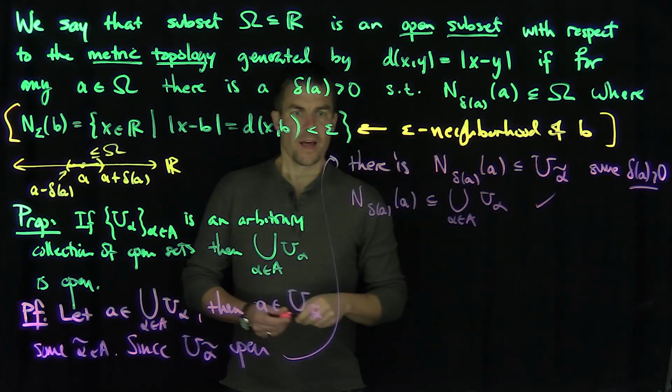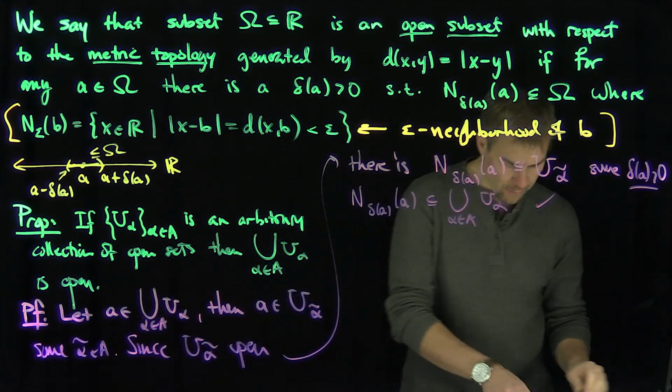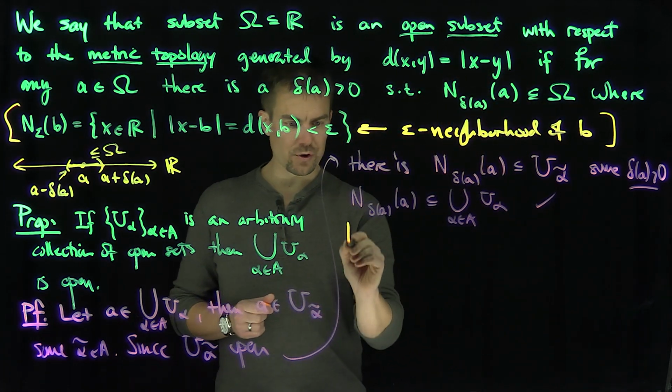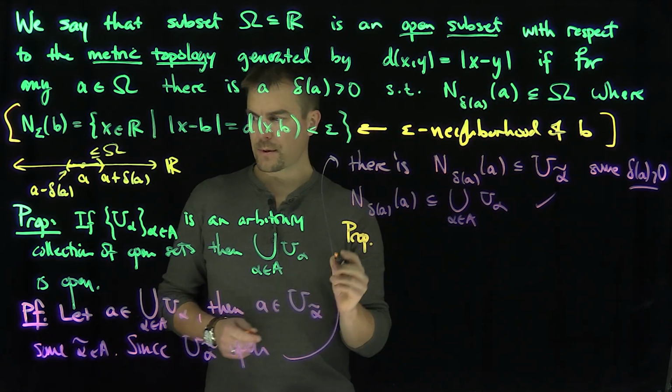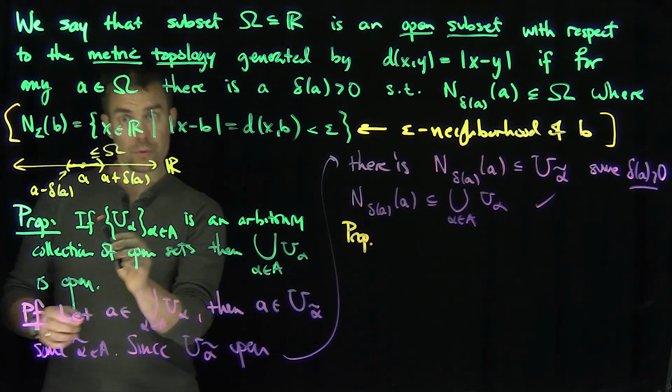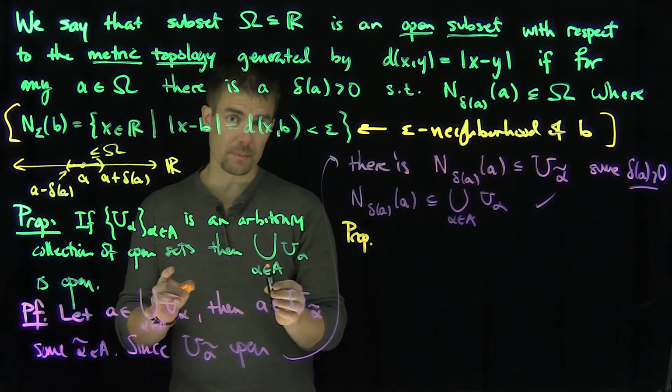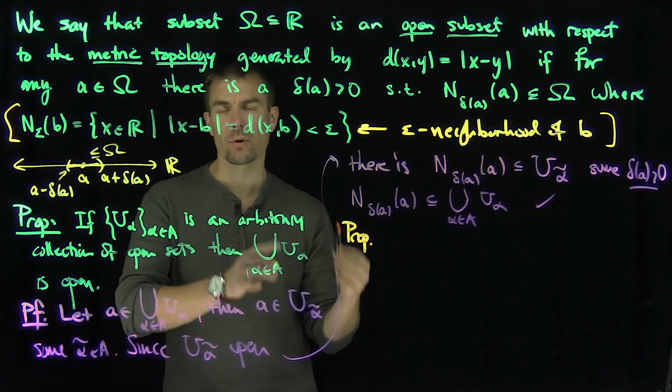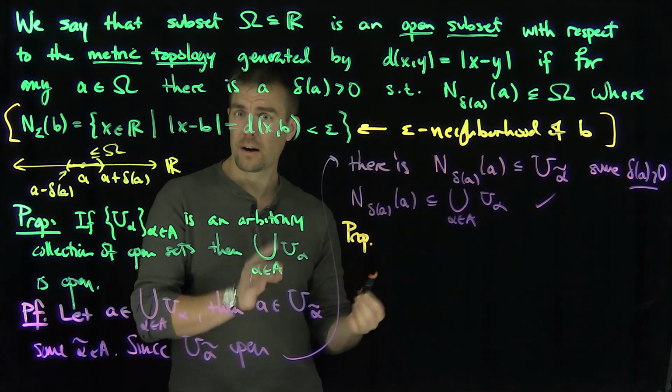That's what we want. Now the harder part, there's another proposition. So this is like the arbitrary union: the arbitrary union of open sets is open with respect to this metric topology, and in general that's a generic property of topological spaces.